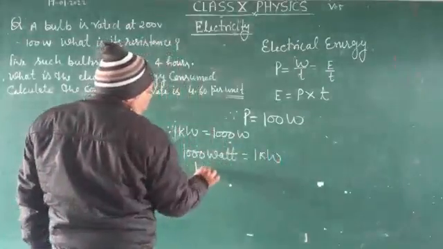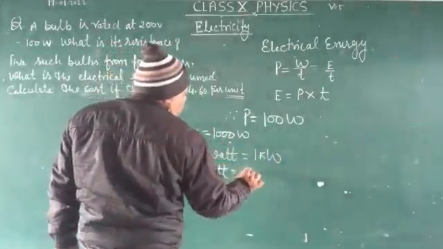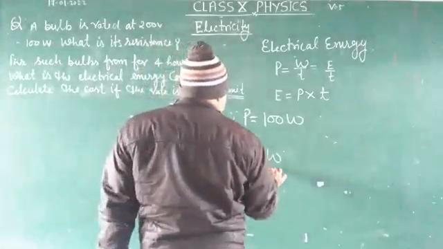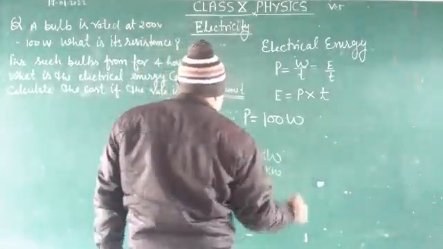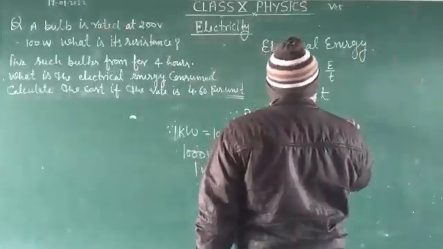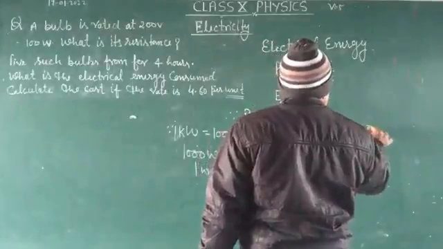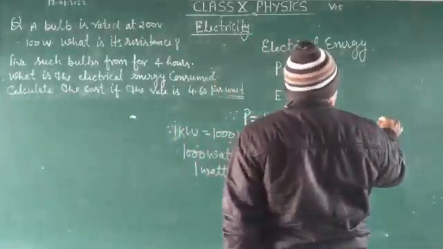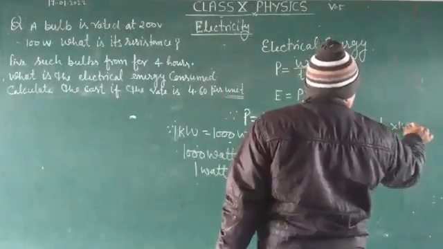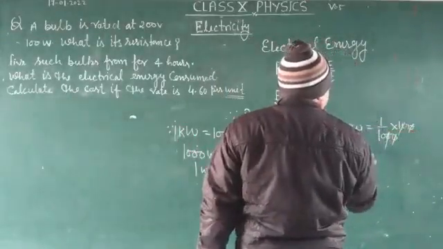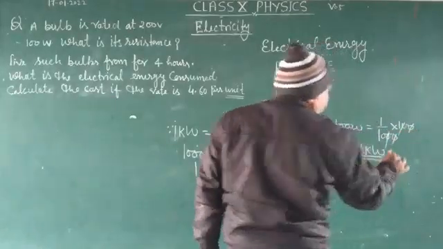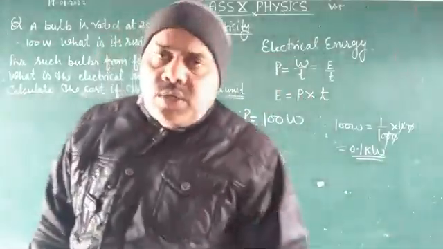So 1 watt is equal to 1 upon 1000 kilowatt. And we should convert 100 watt. So therefore 100 watt is equal to 1 upon 1000 multiplied by 100. Now we can write 0.1 kilowatt.